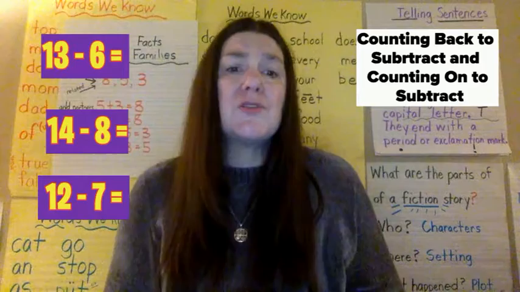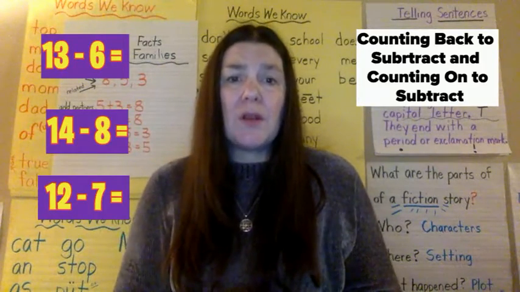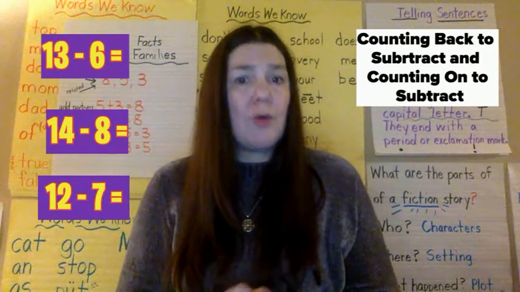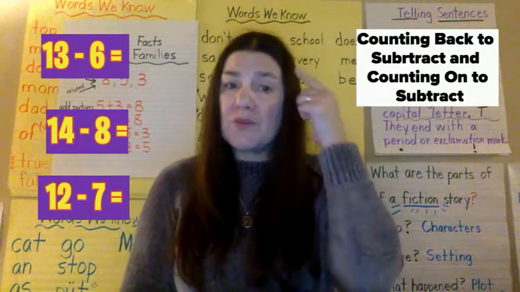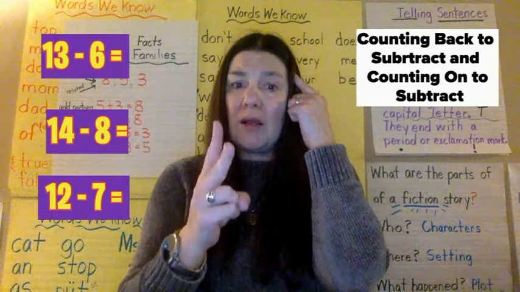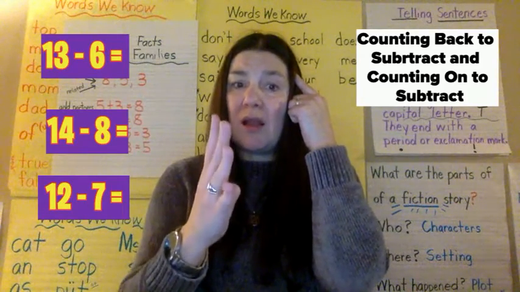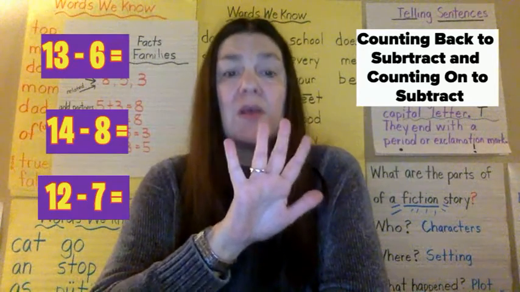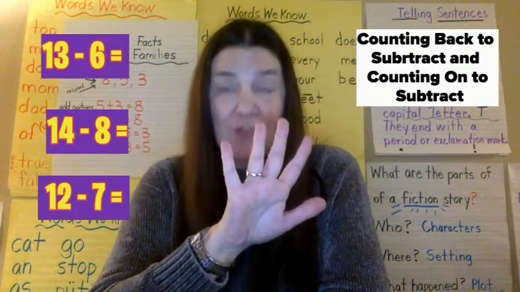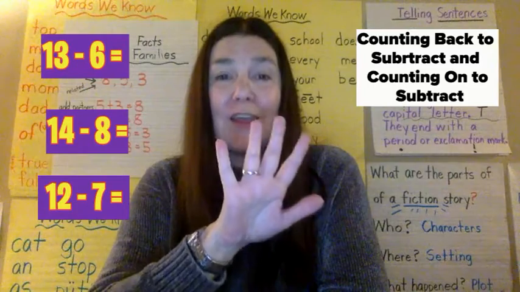All right, now let's do 12 minus 7 equals blank. So here we go. 12 minus 7. I'm going to think 7, which is the smaller number. 7, 8, 9, 10, 11, 12. And the answer is 5 spaces. 12 minus 7 equals 5.